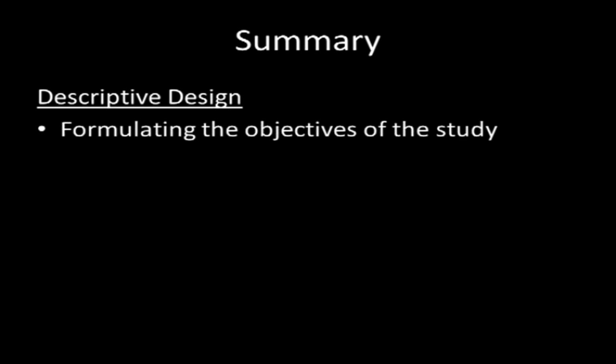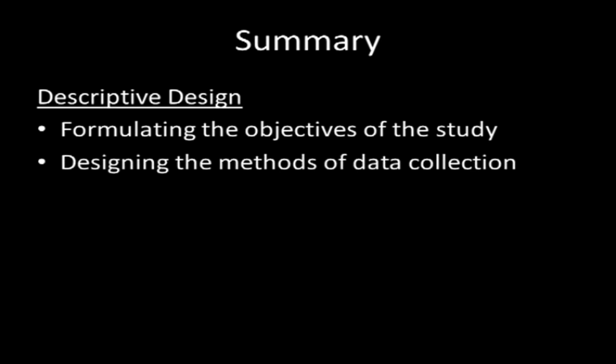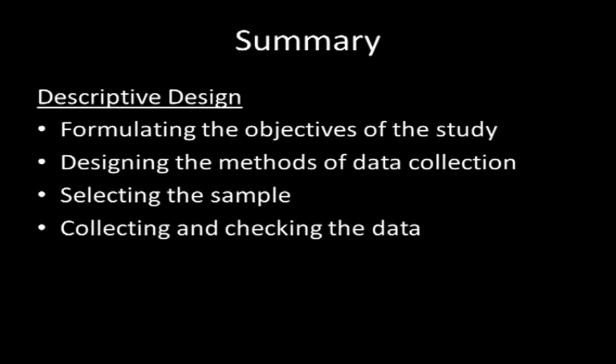First one is formulating the objectives of the study, and the second one designing the methods of data collection. Thirdly, selecting the sample, and the fourth step is collecting, checking the data, and the fifth one is analyzing the results.